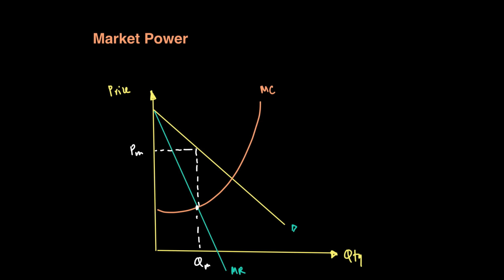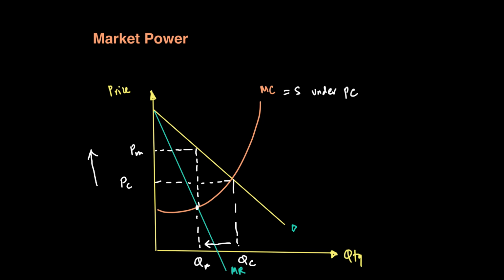Now, if the same market was under perfect competition, we know this MC is also the supply under perfect competition. Where demand meets supply, perfect competition will set a price of, for example, PC, and the quantity will be QC.